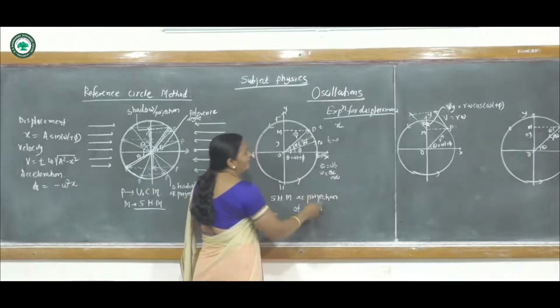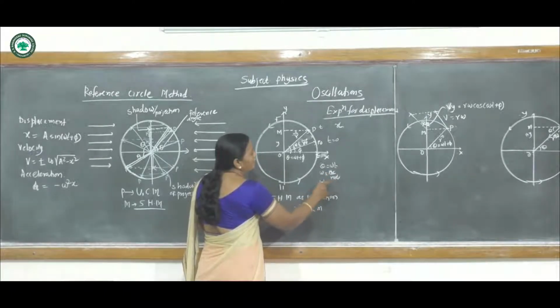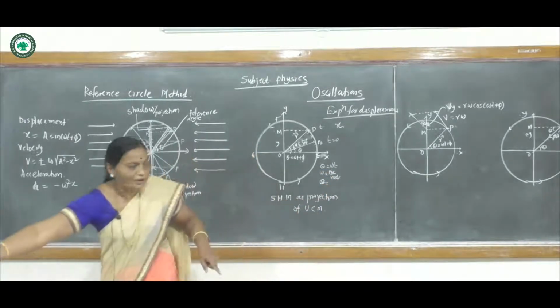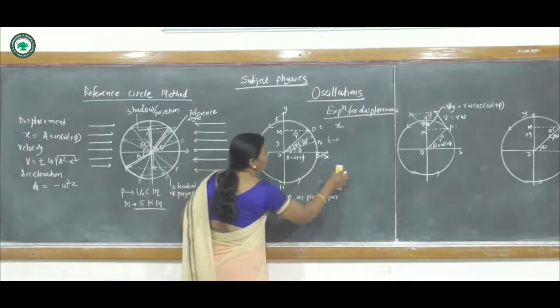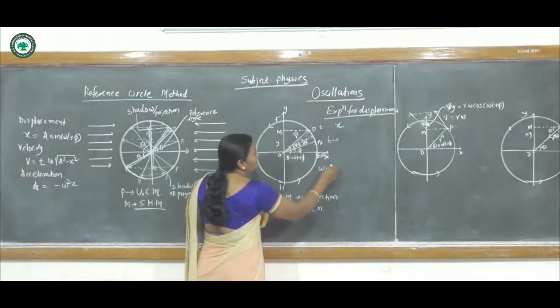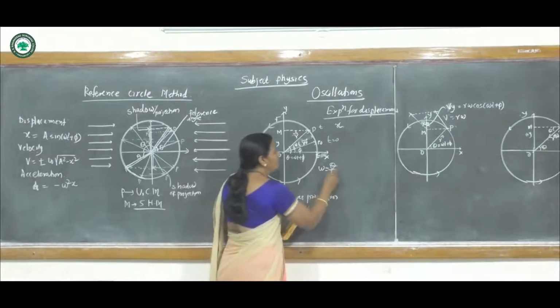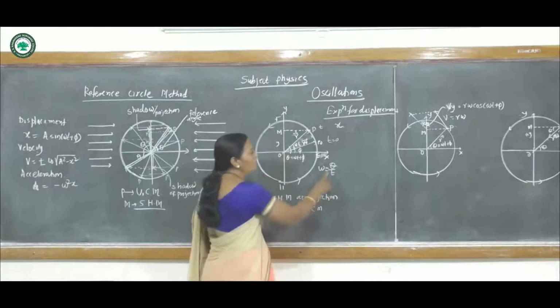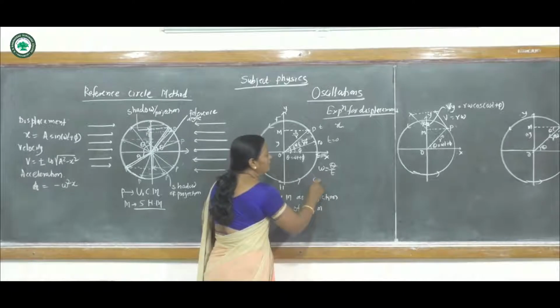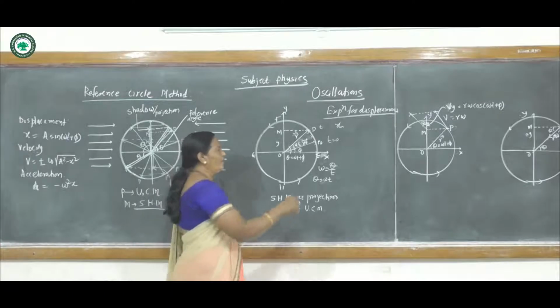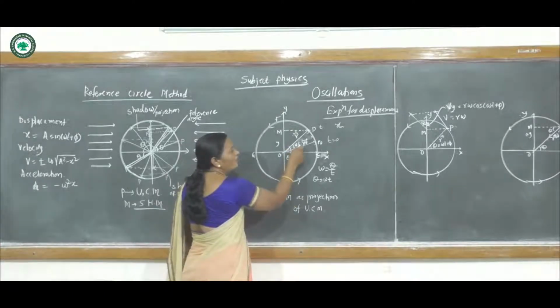Here omega is angular velocity, the rate of change of angular displacement with time. Omega is equal to theta divided by t. Therefore theta is equal to omega t. Now this angle is omega t.